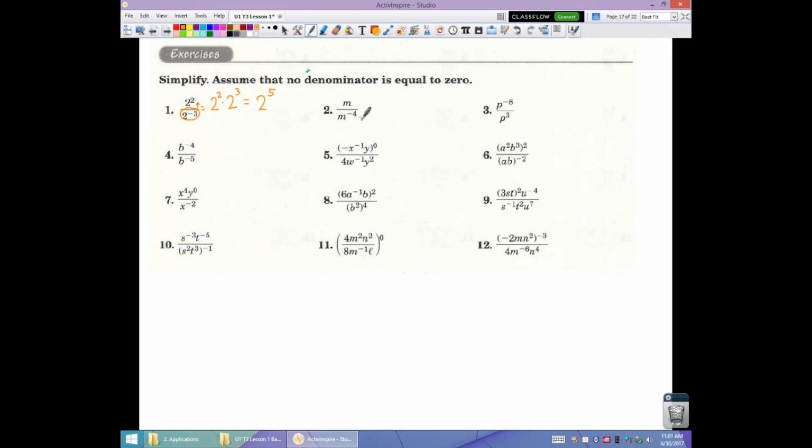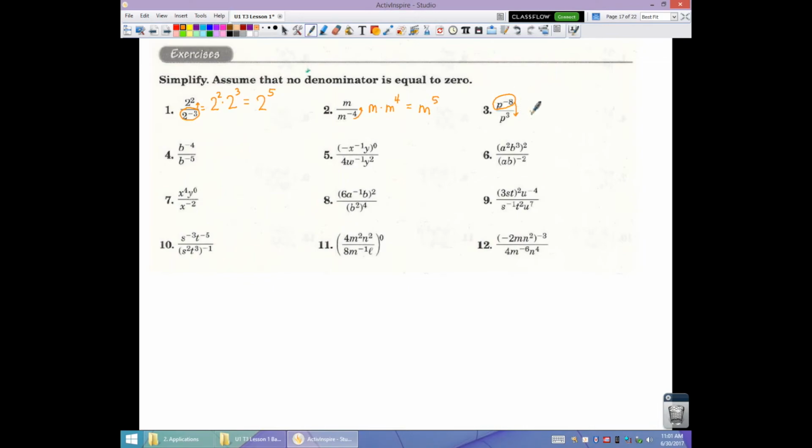Okay, if we use that method in number 2, bringing this up, it becomes m times m to the positive 4. So it's m 5th. Okay. This one, if we use the same property we just did in numbers 1 and 2 to make p to the negative 8th into a positive exponent, it would have to move to the denominator.